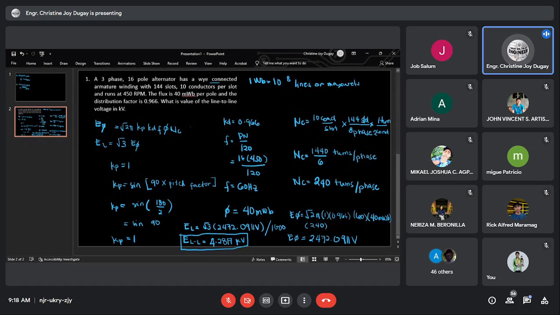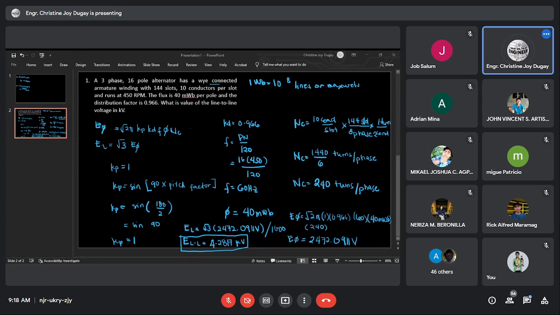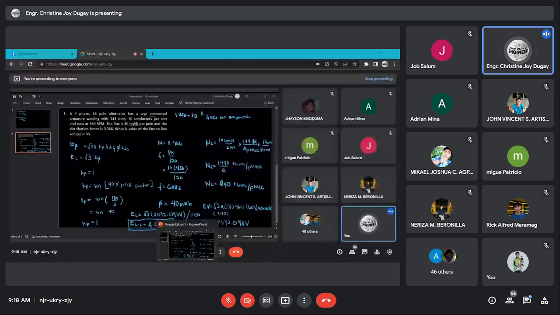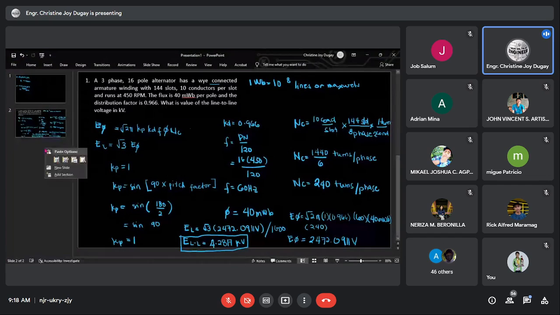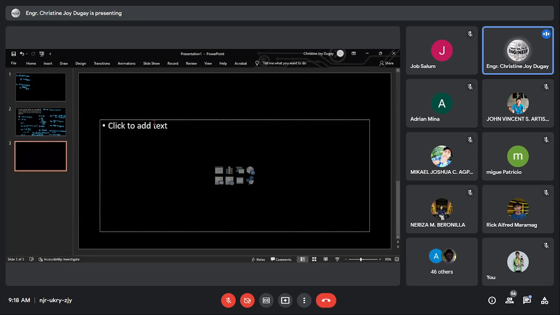Okay, so let's try the other one, the 2.22. Any questions, clarifications? May tanong po ba? We're going to try to solve the other, no? Using the other formula. 2.22.